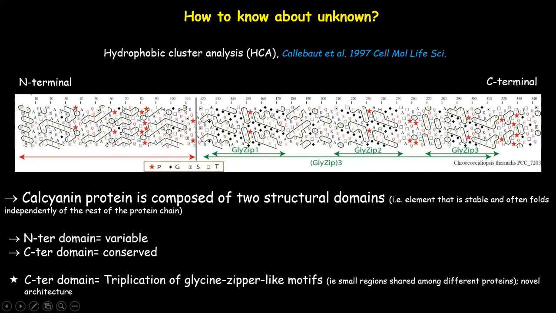Here what you see basically is some way to represent the amino acid sequence of this protein, the calcyanine protein. And you have a color code with different amino acids with different chemical or physical properties.